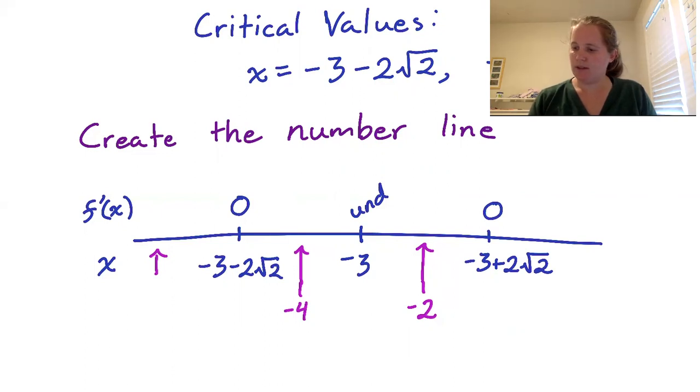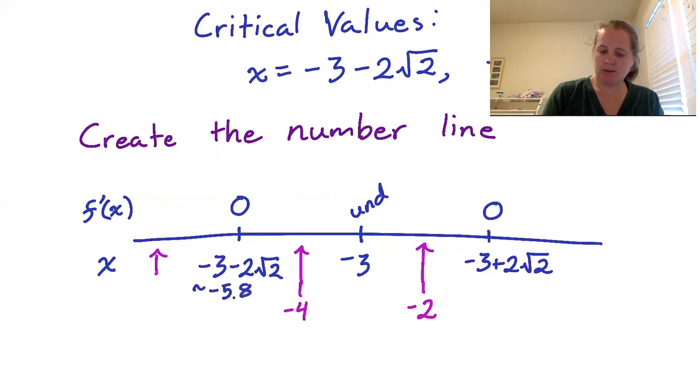So if I do that check, that's going to be about -5.8 for this one here. So again, this first point is about -5.8 approximately. And then the other one is approximately -0.2.